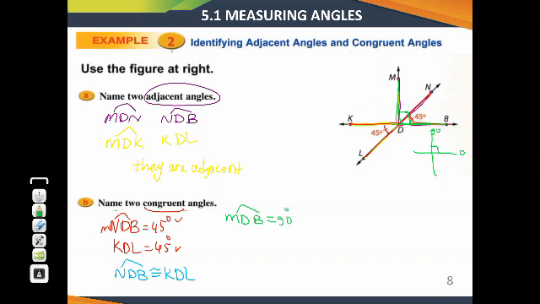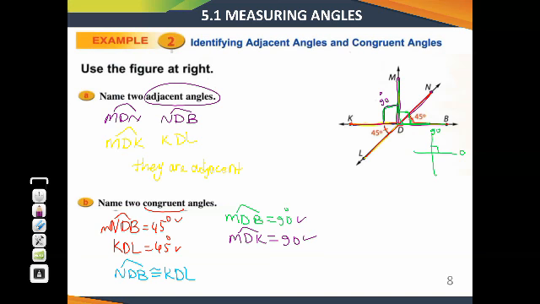What about one more? Also in here we have 90 degrees. M to D to K, we have 90 degrees. MDK is 90 degrees. So we have the same measure.